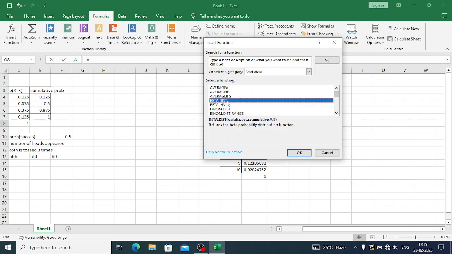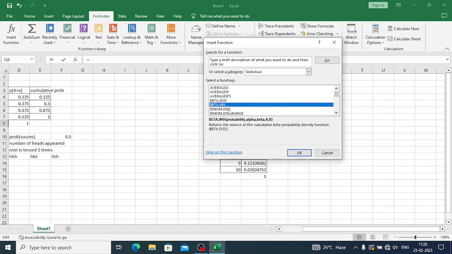Now this beta distribution is also one probability distribution, but where our X is defined as continuous. Based on our X, whether it is continuous or discrete, we can define different kinds of distributions.